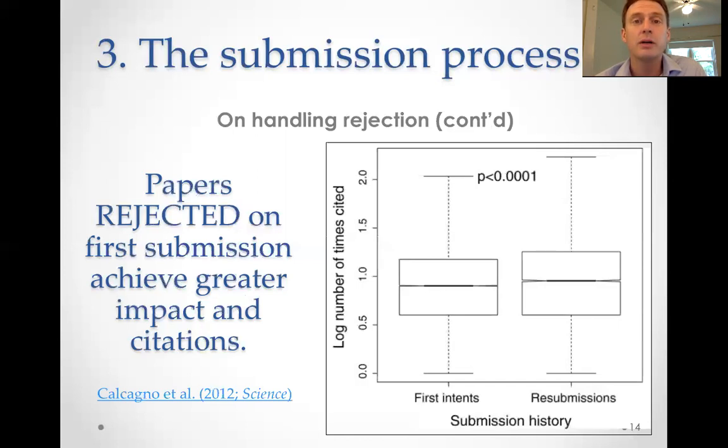Then when it goes through another journal, it receives another round of comments and improves even further. And so by the time it gets published, after going through two or more rounds of reviews, it's really polished and a really strong paper, and it's able to make a better contribution to the academic discipline that it's being published in.